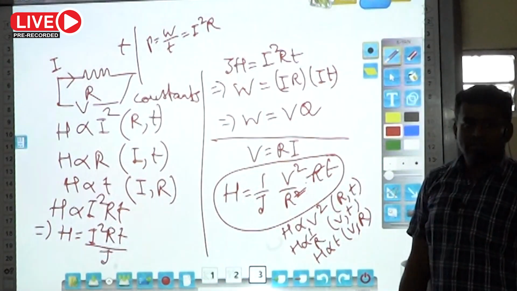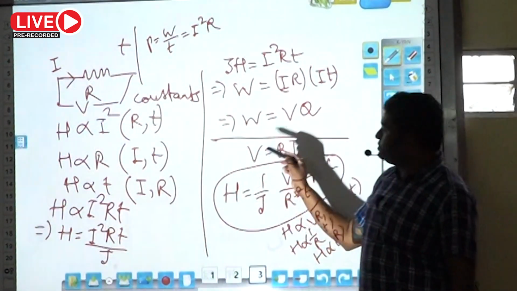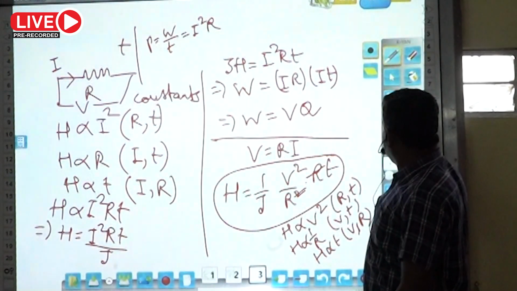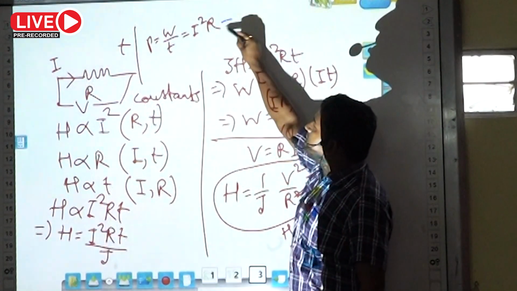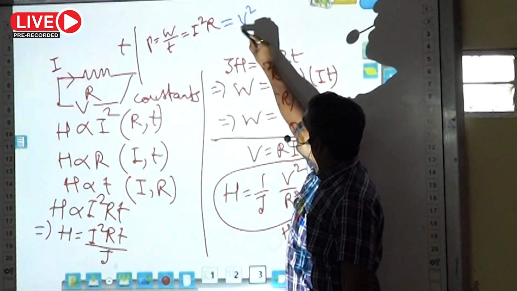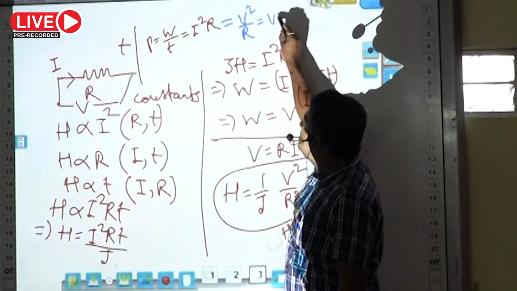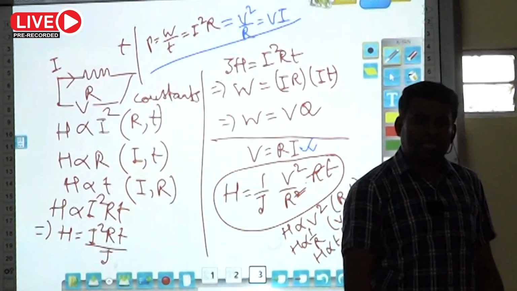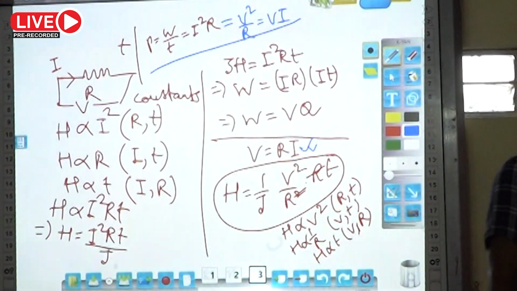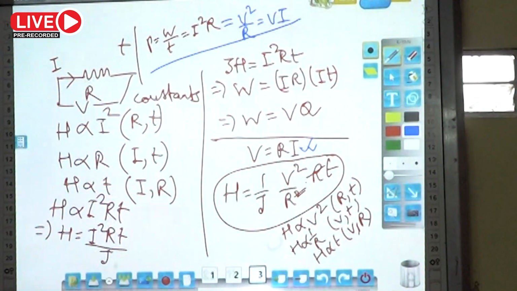By using Ohm's law, in this equation you can also write it in the format V square by R or V into I. Any form is correct and you can apply any form to solve the problem.